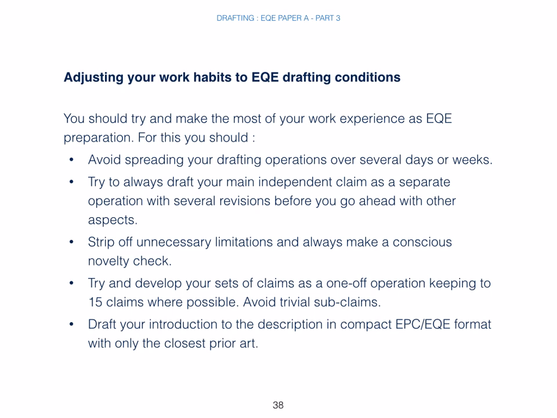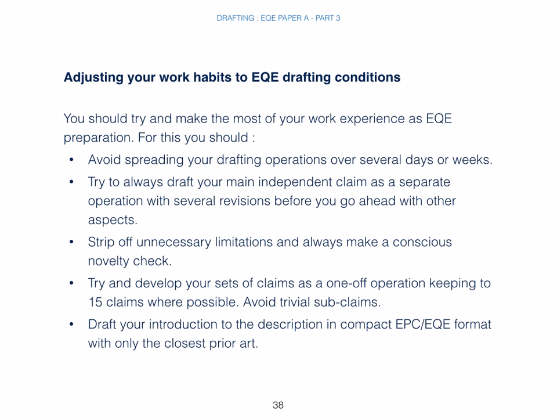Draft your introduction to the description at work in compact EPC EQE format using only the closest prior art, and if you need to put in further prior art, add that as a separate operation. Do your description with the closest prior art to begin with, complete your description, and then add secondary prior art as a separate operation later.